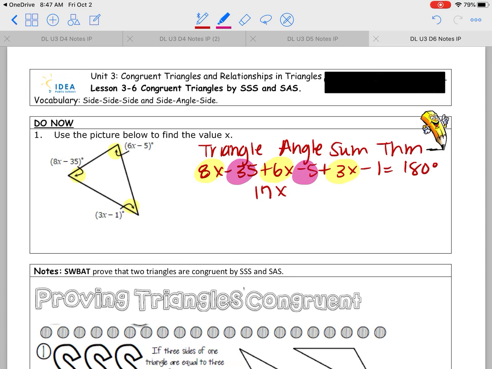Then we have negative 35 minus 5 minus 1, that's going to give us negative 41, equals 180.